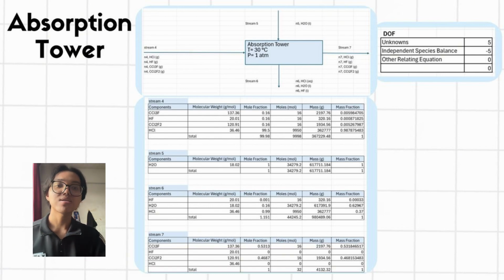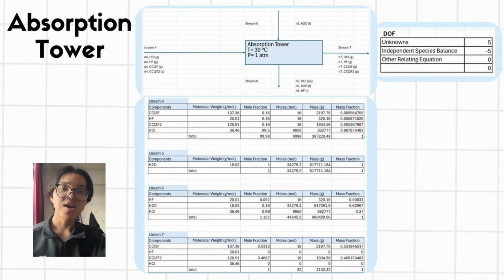We have 4 main streams interacting with the tower. Stream 4 is the inlet gas stream that contains a mixture of CCl3F, HF, CCl2F2 and HCl. Stream 5 is our water inlet stream, which serves as the absorbent, entering from the top of the column.